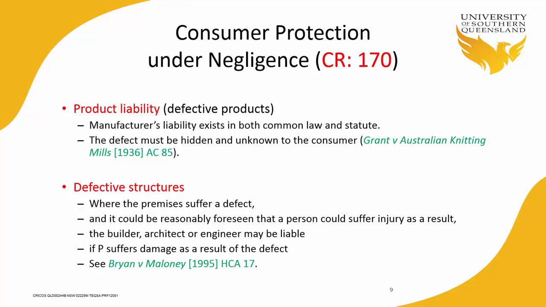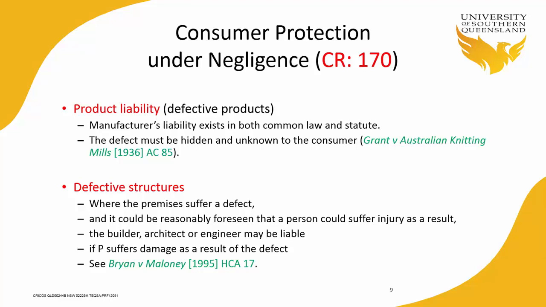So this is a continuation of our discussions on Donoghue and Stevenson, that there's this product liability. However, there's a proviso there that, just like the ginger bottle in Donoghue and Stevenson that was opaque, here product liability, in order for it to be made against the manufacturer, the defect must be hidden and unknown to the consumer.